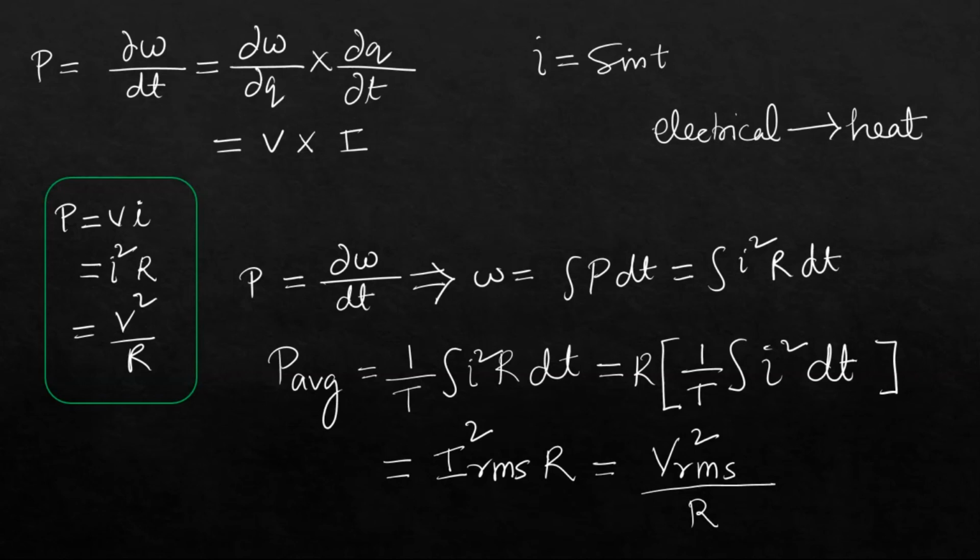If it is a part of a load, it is actually consuming power and giving us out the heat energy. But if it is a parasitic resistance, that is, it is not a part of load or it is undesired, then actually it is wasting the power. Like suppose I am transmitting the power from source to load by means of transmission line. The resistance of transmission line will cause the power loss from the supply to load.